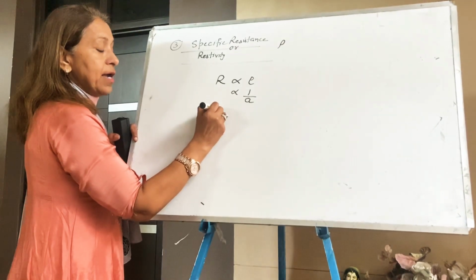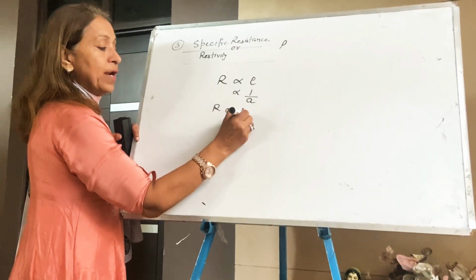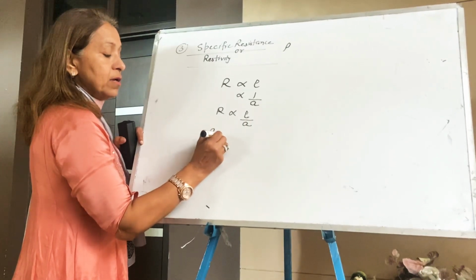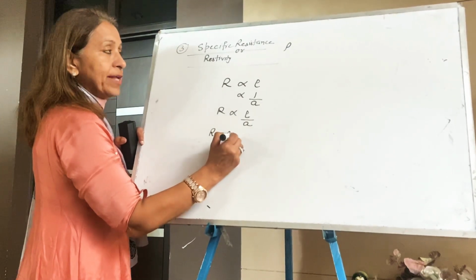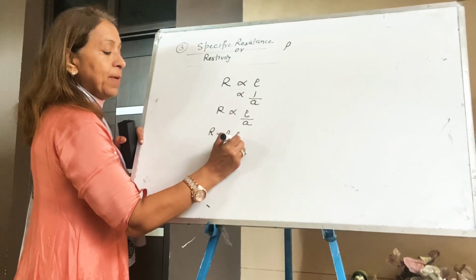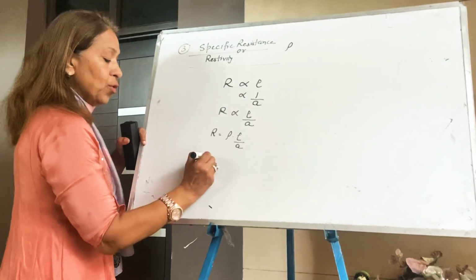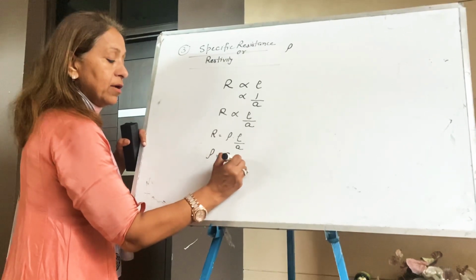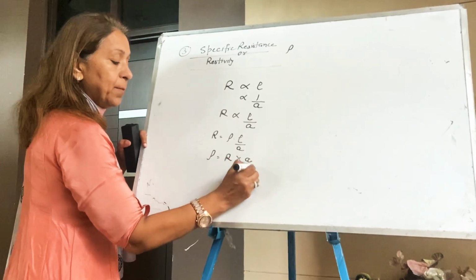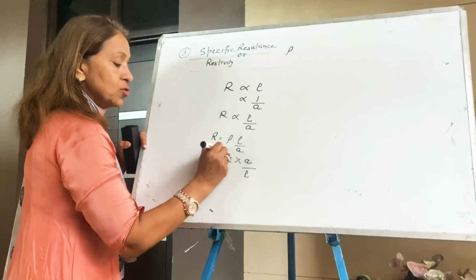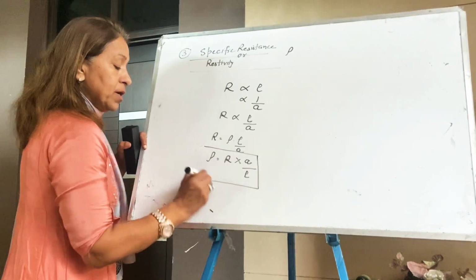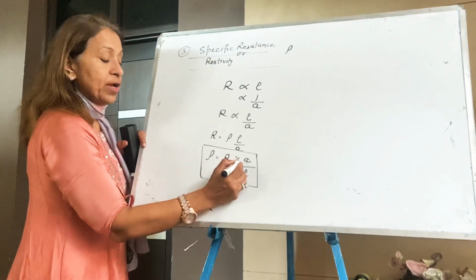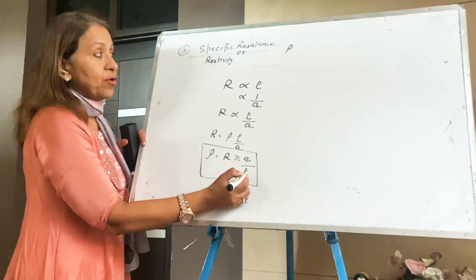That comes as R proportional to L by A, so R is equal to rho into L by A. So rho is resistivity. It is equal to R into A by L.